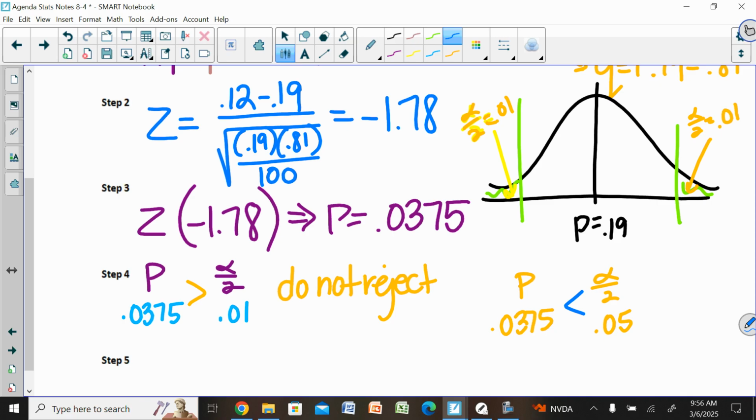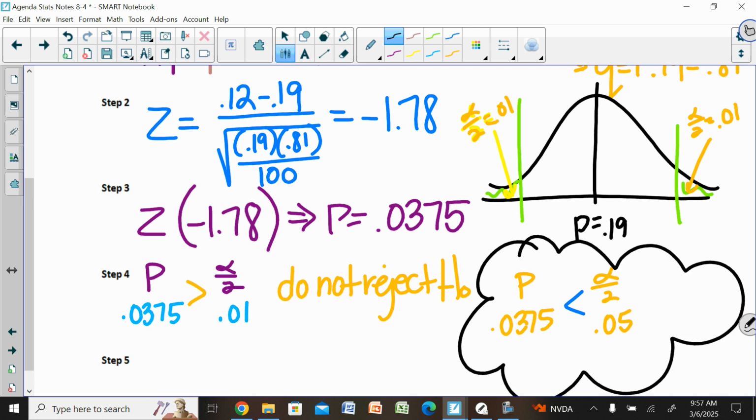I wish I had made one where we rejected H sub 0 and one that we didn't. So if I changed my alpha value, this one would have been a reject H sub 0. So just a side note, remember, changing the alpha changes our decision.